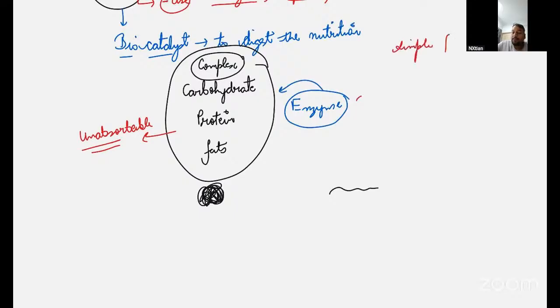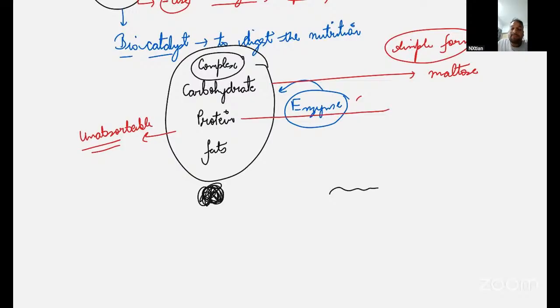Like carbohydrate will convert into maltose sugar. Maltose, glucose, these are all the same, so you can say maltose or glucose, no problem, but the perfect word is maltose.